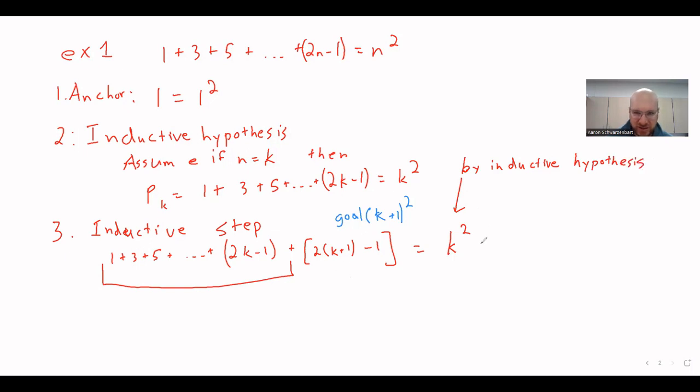And then this last term I'm going to distribute. So 2k plus 2, and then I got a minus 1. Now I'll combine my 2 and my minus 1 to be plus 1. And that factors into k plus 1 squared.